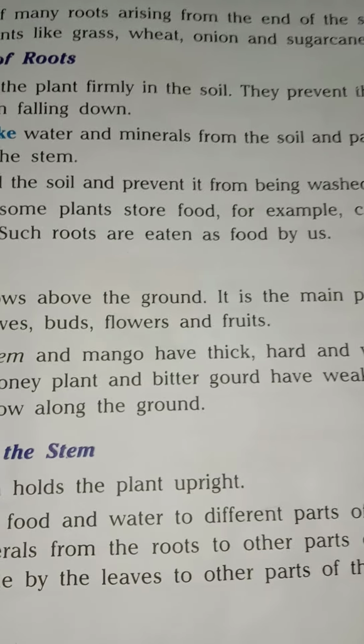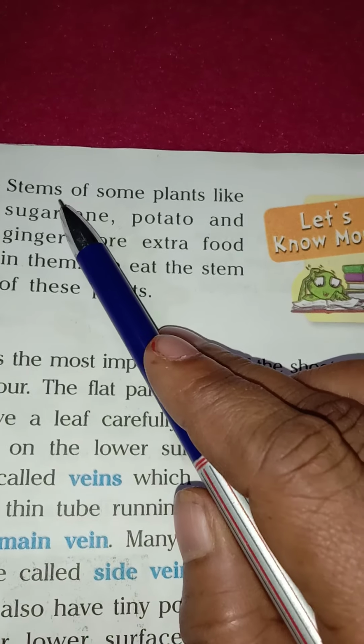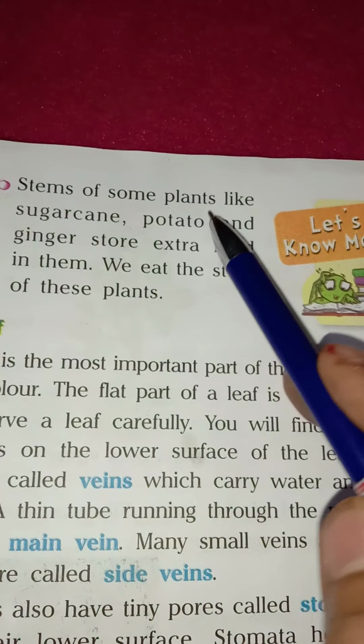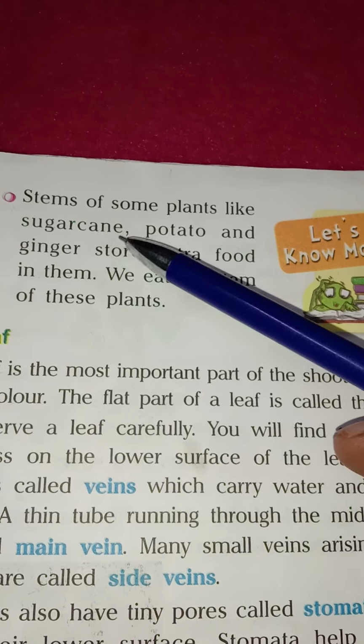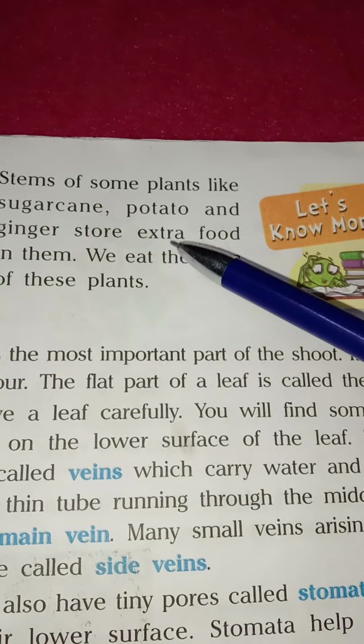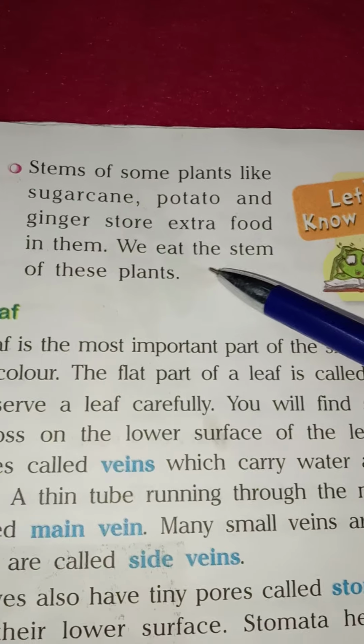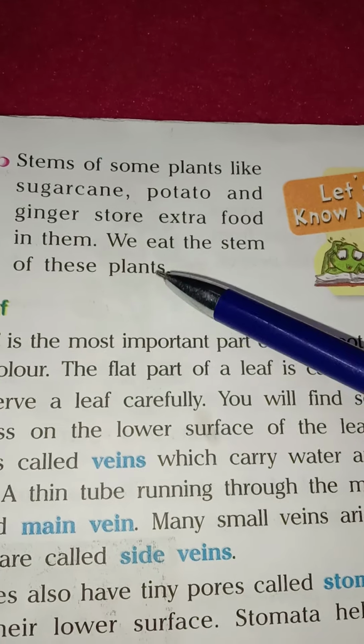Okay, now clear? Now, student, third function, stems of some plants like sugarcane, potato and ginger store extra food in them. We eat the stem of these plants.